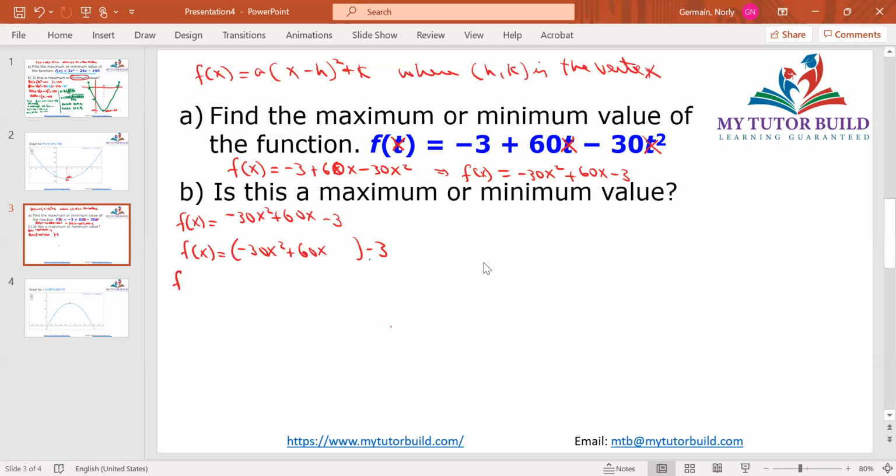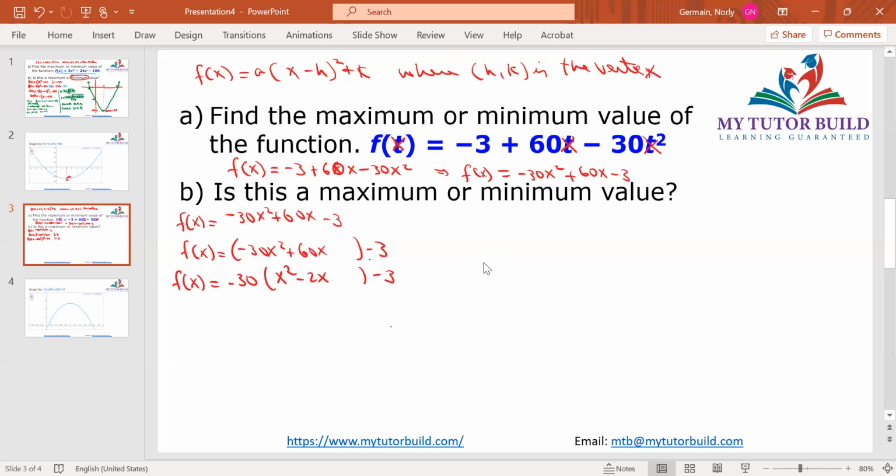Now, next is to factor negative 30, because I want the form a times x minus h squared. If I factor negative 30, in the first term I have only x squared left. If I factor negative 30 from 60, I have negative 2x left, leaving the space, minus 3.